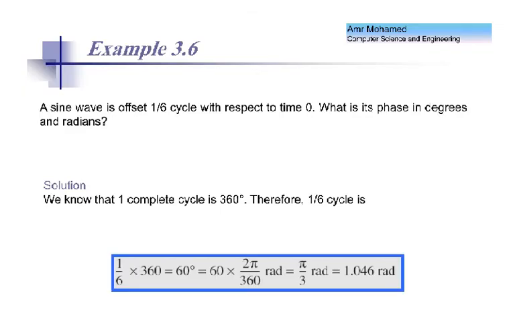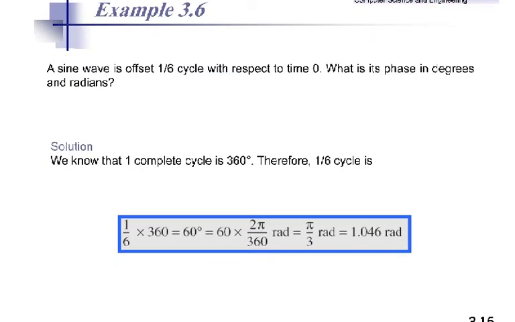Okay, so a very simple example. A sine wave is offset 1/6 of a cycle. 1/6 of a cycle is basically 2 pi over 6, or 360 over 6, which is 60 degrees. In radians, it would be 2 pi over 6, which is pi over 3.